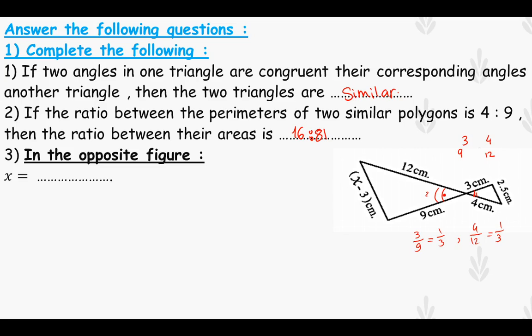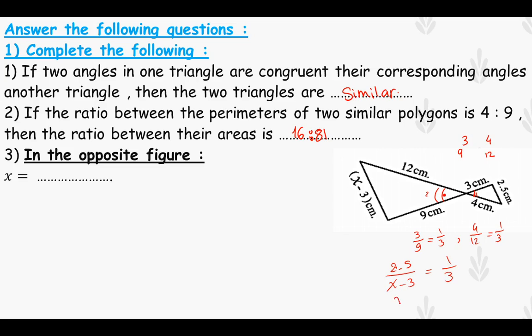So 2.5 over x minus 3 equals the ratio 1 over 3.